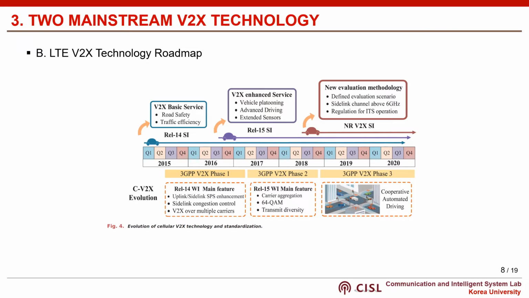Release 15 supported advanced V2X scenarios such as vehicle platooning, advanced driving, extended sensors, and remote driving. Key features include carrier aggregation, 64-QAM, and transmit diversity. And next, in the last phase 3, NR V2X continues to evolve into enhanced V2X.